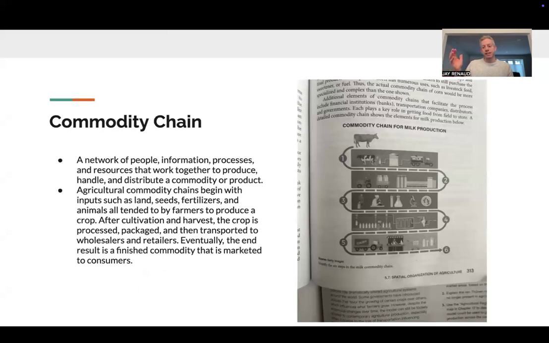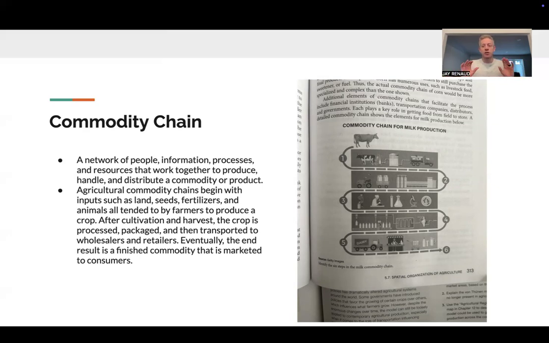Commodity chain, I just think supply chains. It's all the steps in the process from the growing of the crop to the processing of it, to the transportation of it, to the selling of it. Think back to COVID. We were talking about supply chains all the time and how the supply chain was all interrupted. Commodity chain, same thing.